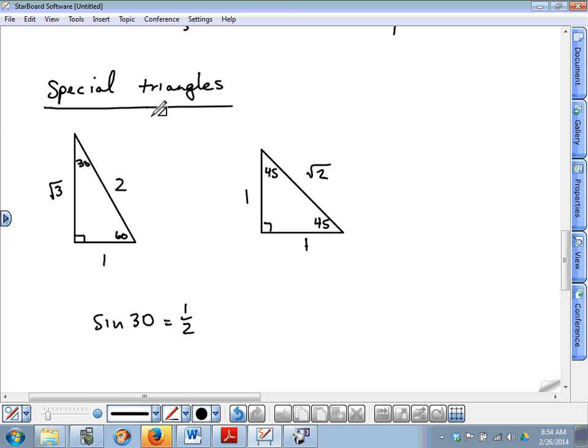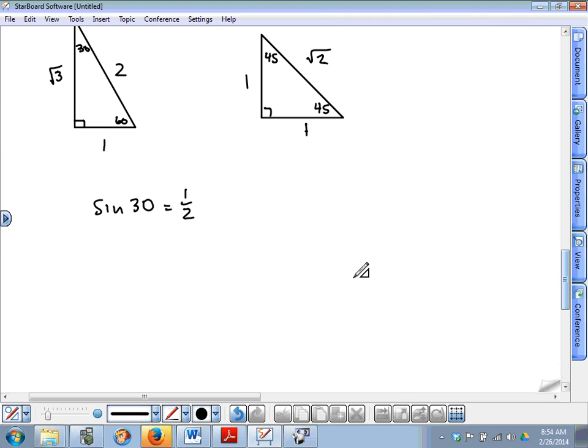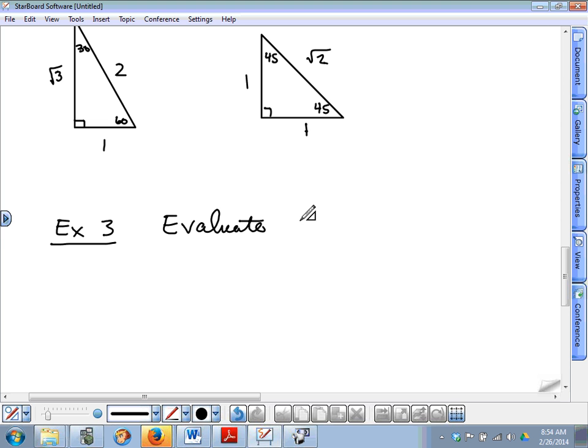Example 12, what are we having on here? Step 3. Evaluate without a calculator.